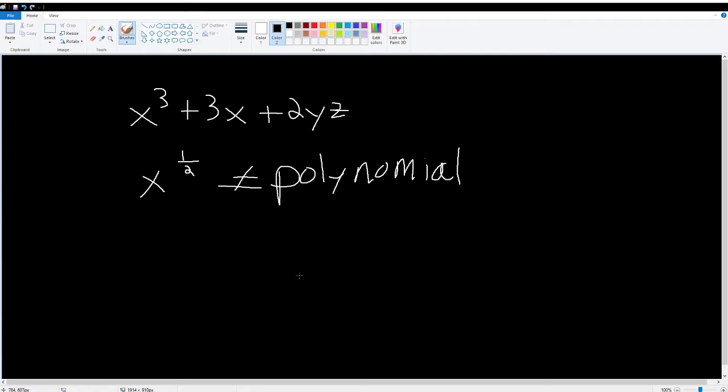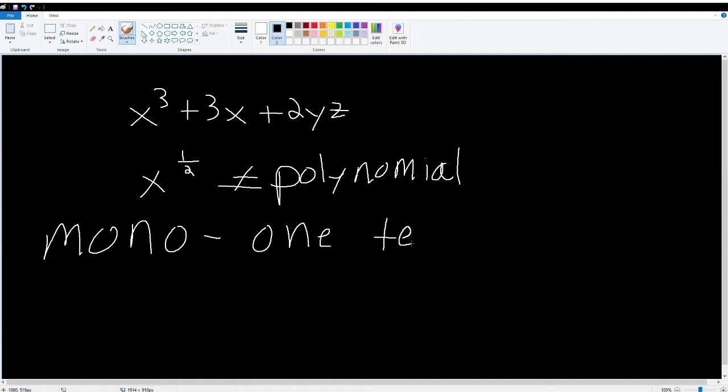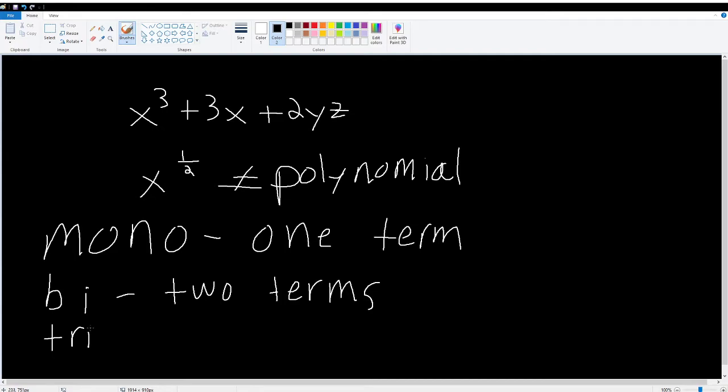So within polynomials, you have monomials, mono meaning one term. You have bi, which means two terms. And then you have tri, which means three terms. So a monomial could be something like x squared.